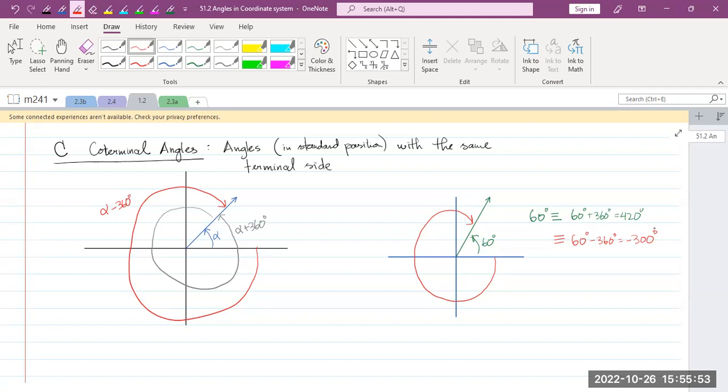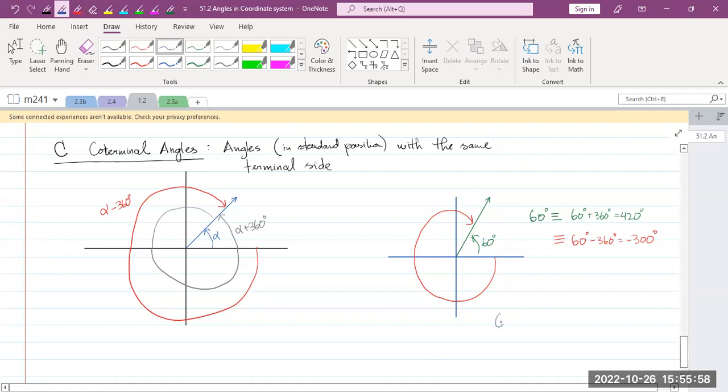Like 60 degrees is coterminal, from what we saw earlier, to 420 degrees, which is coterminal to negative 300 degrees, which is coterminal to negative 660 degrees if you subtract another 360, or coterminal with 780 degrees if from 420 you add 360 degrees.